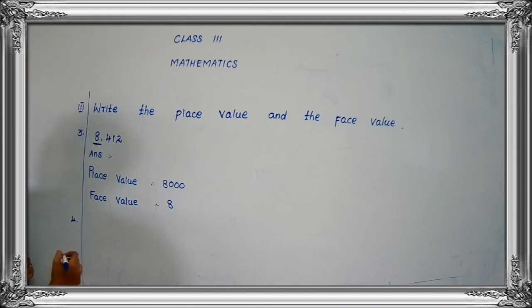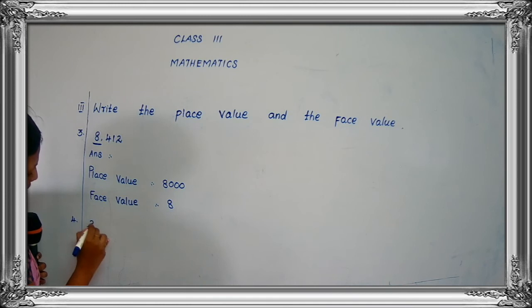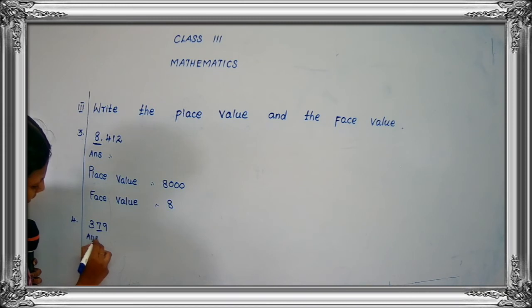Then the fourth one, 379. The underlined digit number is 7. We want to write the answer.